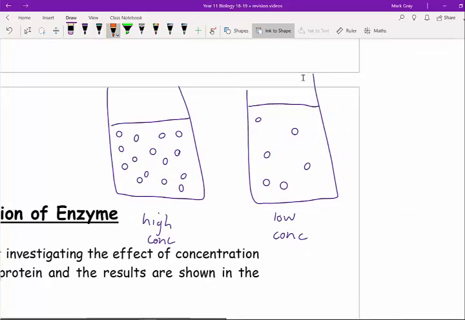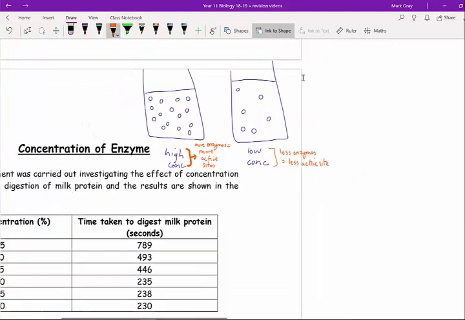If we've got a high concentration of enzymes, that means that we have more enzymes in that certain amount. So because there's more enzymes, there's more active sites. Whereas if we've got a low concentration, we have got less enzymes, so we have got less active sites.